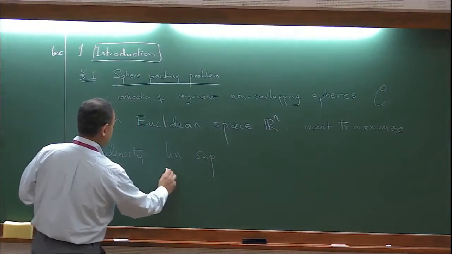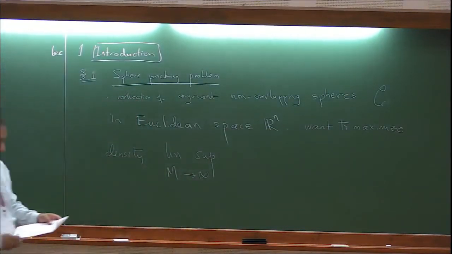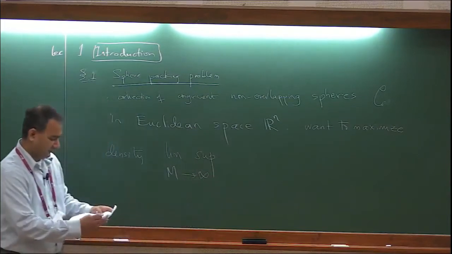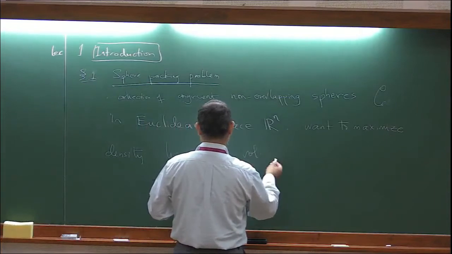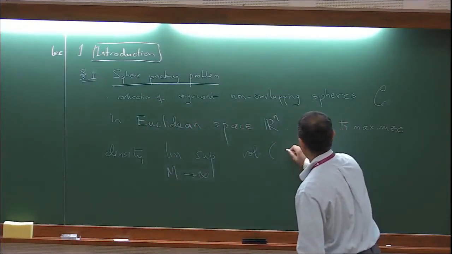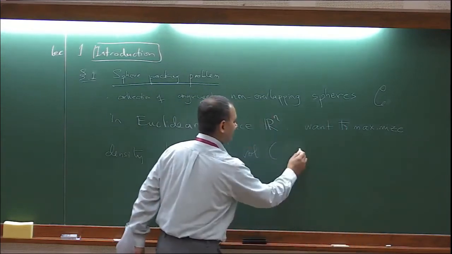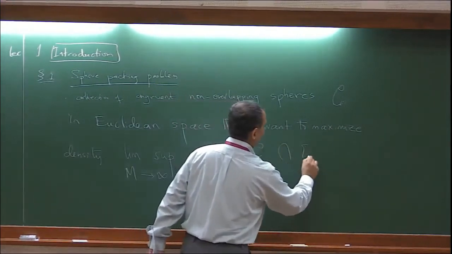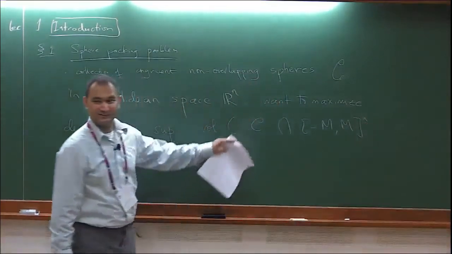Let's say it's a limsup as the size of a cube goes to infinity of the volume of, let's say the union of, let me abuse notation and just say C intersect [-m, m]^n. So hopefully everybody understands what I mean by this.